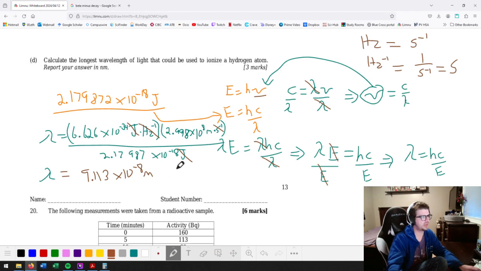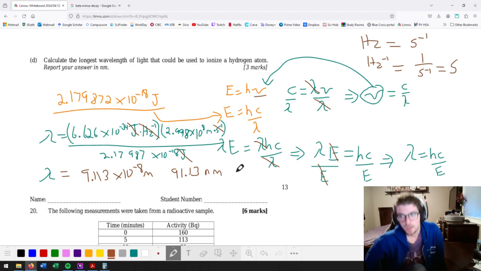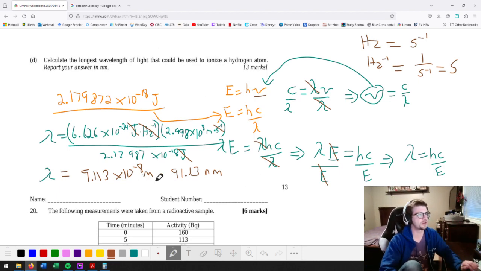So this would be 91.13 nanometers if my mental math is working okay. I'm pretty sure it is because I do it a lot. And I should actually show what I'm doing though.